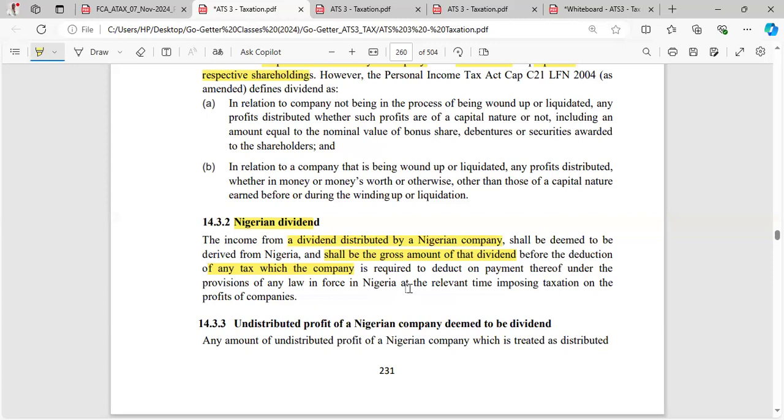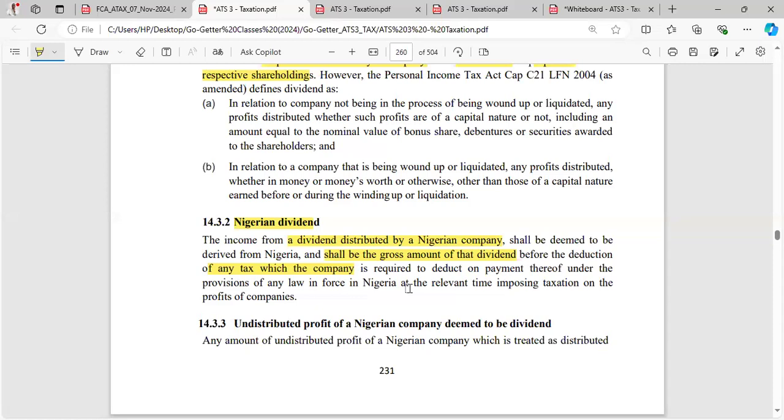So what it means here is that, let me give an example of a Nigerian company. Let's say Glow. Glow is a Nigerian company, right? Why do we say it's a Nigerian company? It is incorporated in Nigeria, as opposed to MTN, which is not a Nigerian company and is not incorporated in Nigeria.